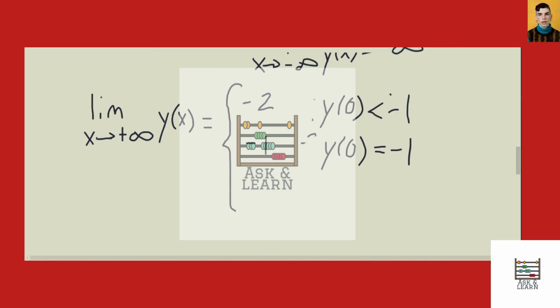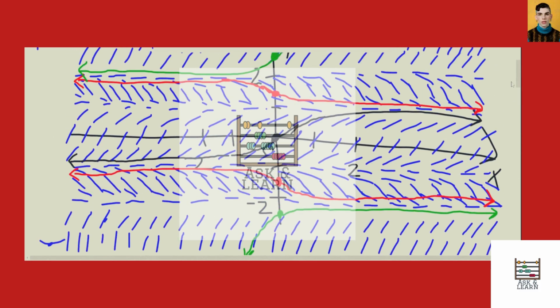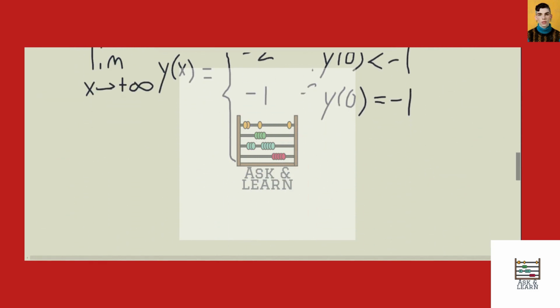So what if y of 0 is greater than negative 1? We see that if y of 0 is greater than negative 1, but is less than or equal to 1, the limit is going to be positive 1. Negative 1 is less than y0, less than or equal to 1, we have a limit of positive 1.